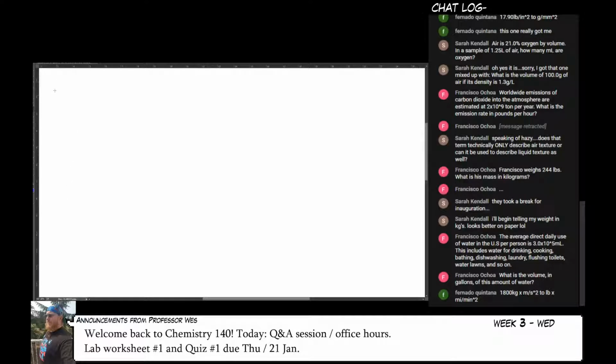There we go. I have this panel for Photoshop that I have to have up because I use it, but it gets in the way of what I'm writing in. So 1,800 kilogram meters per second squared, and I want to do pounds, miles per minute squared.